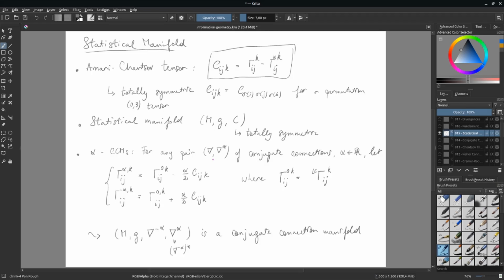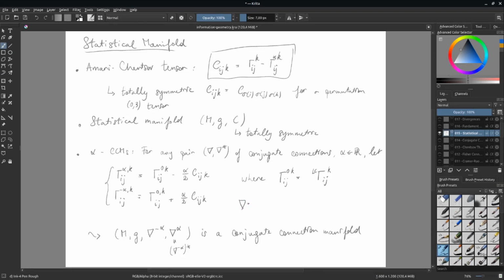It's the same idea, so we define gamma alpha k ij as gamma 0 kij, where gamma 0 is the Levi-Civita connection, and we add this minus alpha over 2 C_ijk, and then a similar thing for minus alpha. And so the idea is that you have a bit of an interpolation between your two connections.